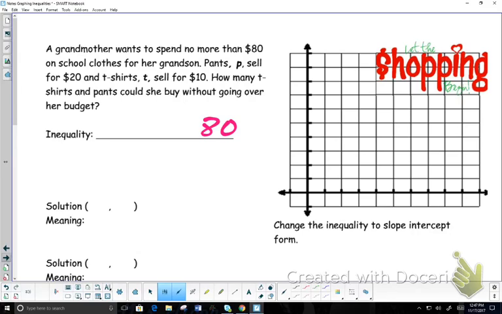This side. So which one's the maximum then? The right side. So the alligator is facing the maximum side. Do you agree? Yes. So when you look at this, was the $80 a maximum amount or a minimum? Maximum. So that is what the alligator would face.